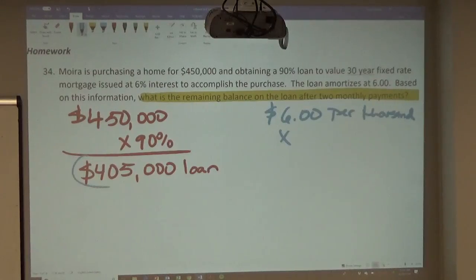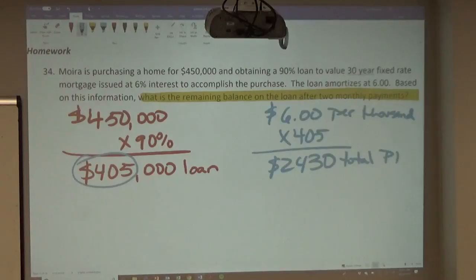Well, we borrowed 405,000, so times 405. $6 times 405 is $2,430 total PI monthly. Okay, that's our monthly mortgage payment.